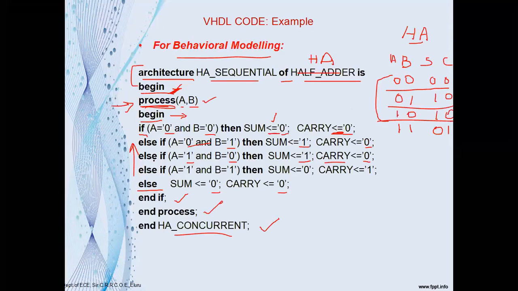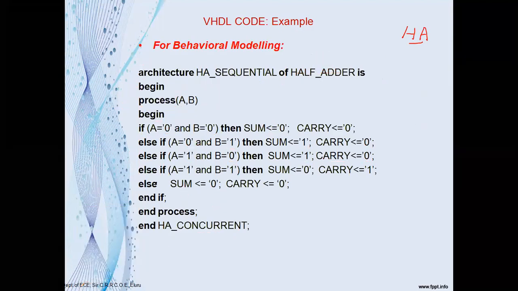And for the behavioral modeling, we use sequential statements. See here, in what way are you executing these statements? The first condition is 0 0. It is in order. If A and B are 0 0, then the sum and carry are assigned the logic values.